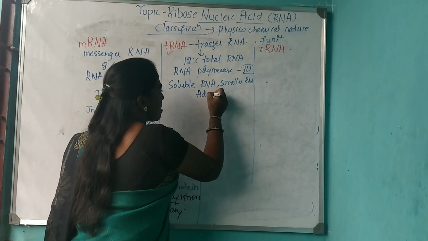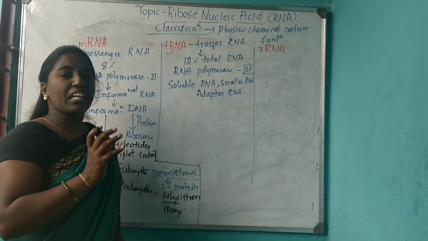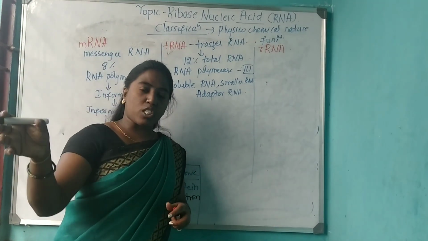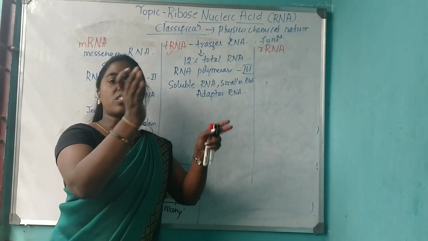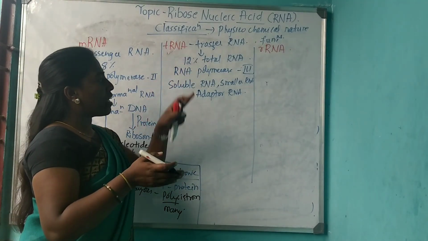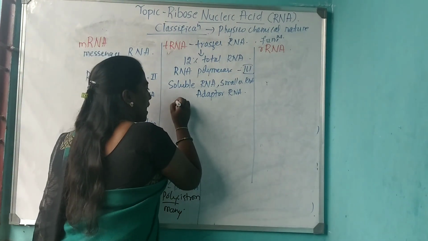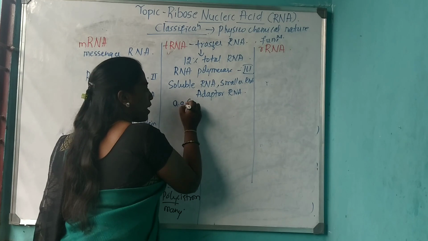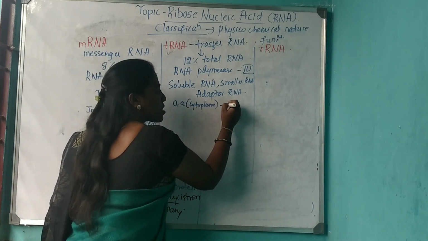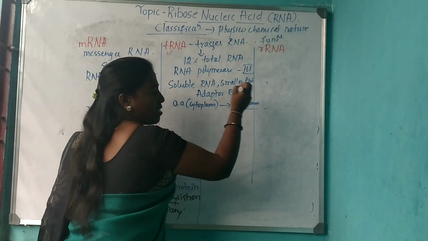It is called transfer RNA or adapter RNA because it has the capacity to carry amino acids from the cytoplasm towards the ribosomes, which are called protein factories.